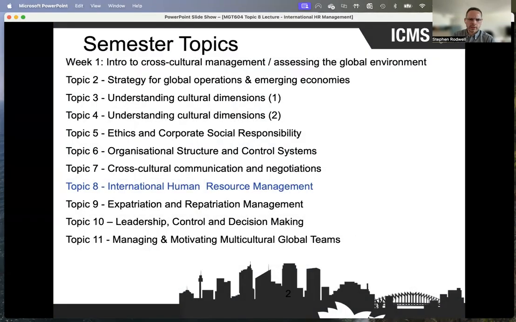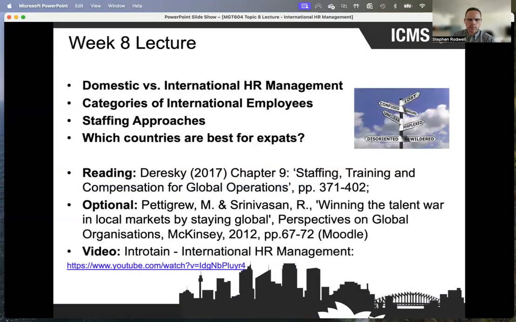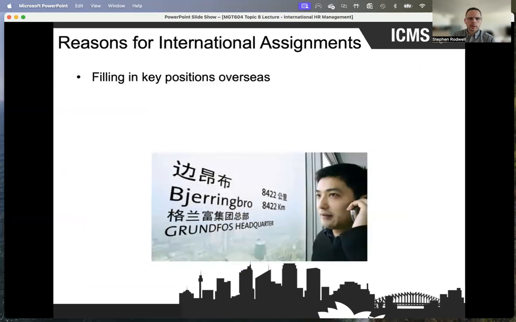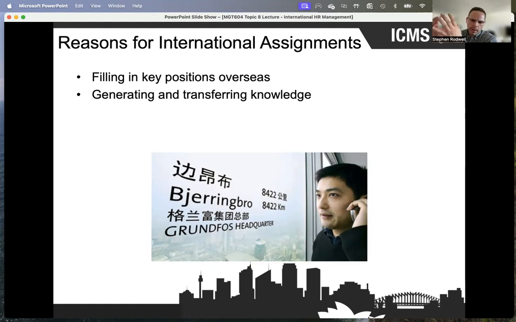This is topic 8, international human resource management. So reasons for international assignments, obviously filling key positions overseas. There are different options. We can obviously hire locals to do that sometimes, but there may not be the locals with the requisite skills that we need to fill those positions.